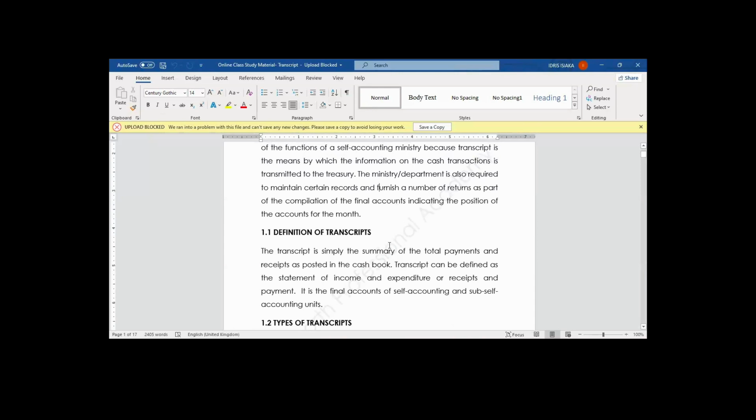Transcript is just a summary of total receipt and payment as posted in the cash book every month, or on a monthly basis. That is what is called transcript.